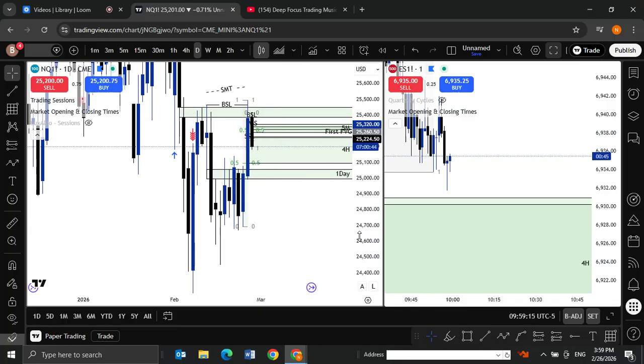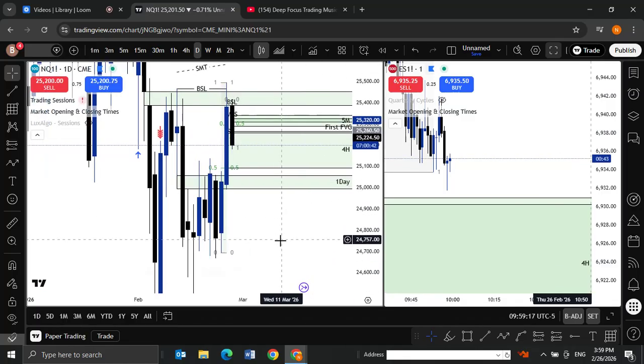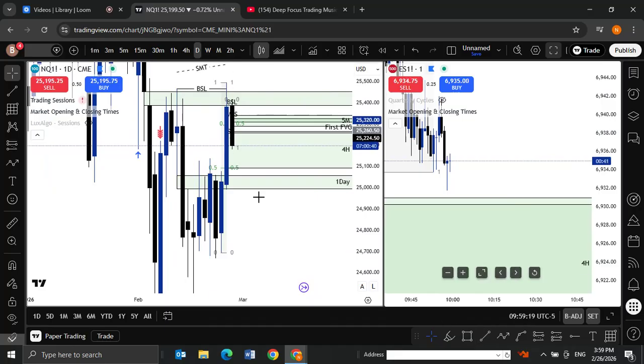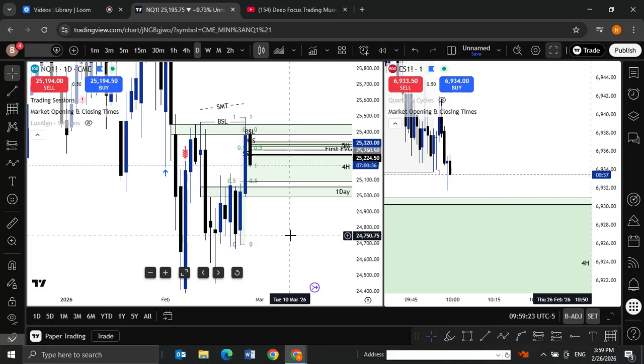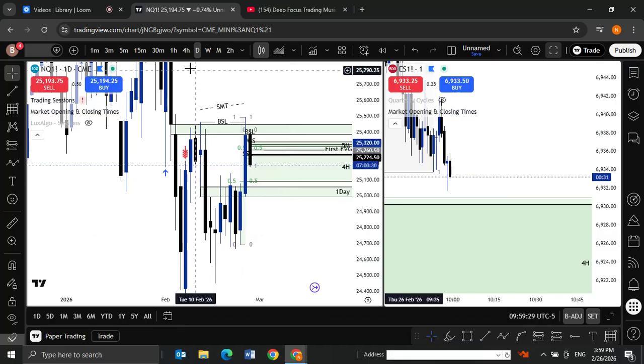So in fact, I'm really in a situation where I just don't think we will enter longs, because I don't think price will go long.